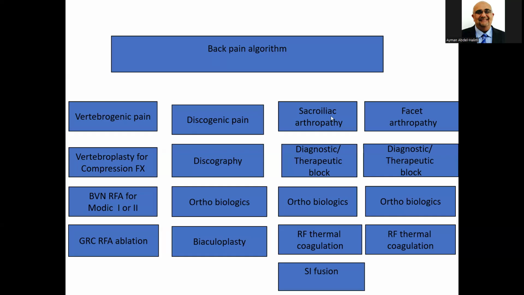Now, as far as the sacroiliac, you can do a regular diagnostic block. You can add some orthobiologics. You can do RF for the lateral branches of S1 to S3 and the dorsal ramus of L5.